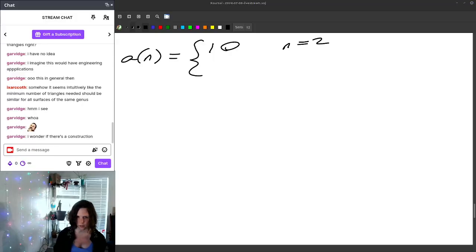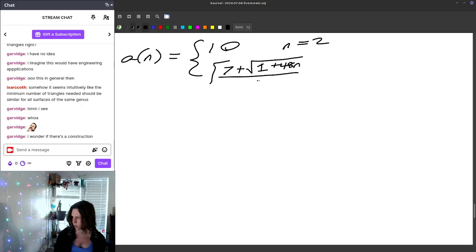And then the remainder of this claims here on OEIS that it is the ceiling of 7 plus the square root of 1 plus 48 times N, over 2.